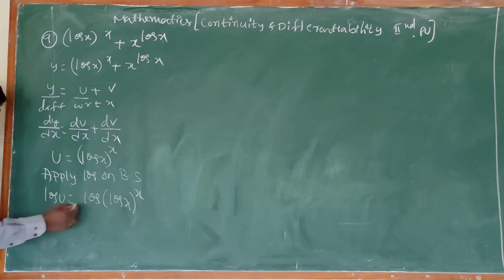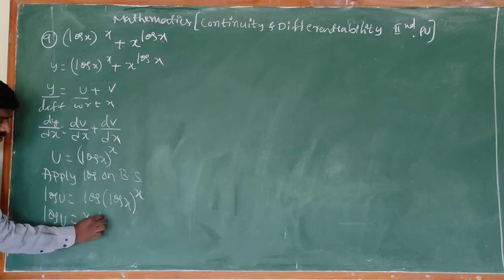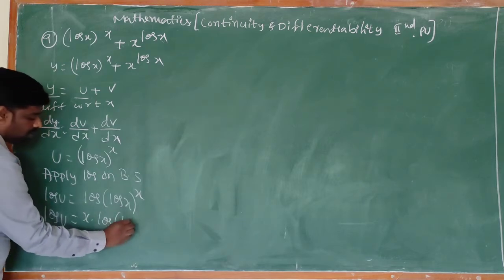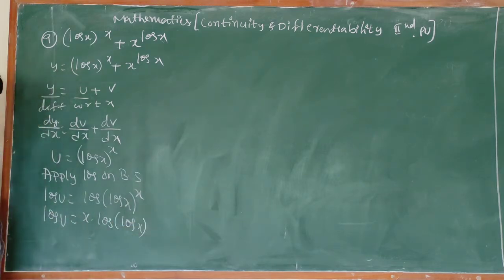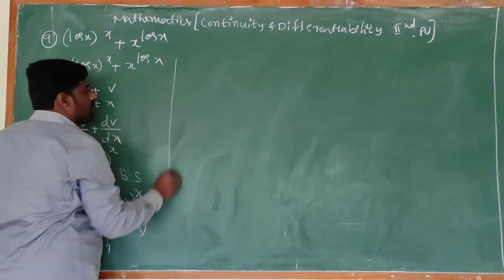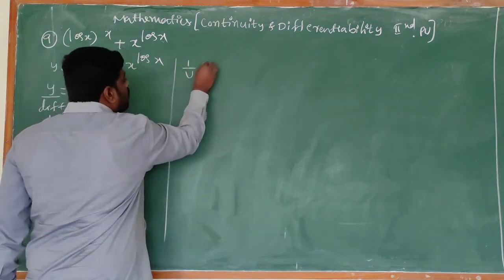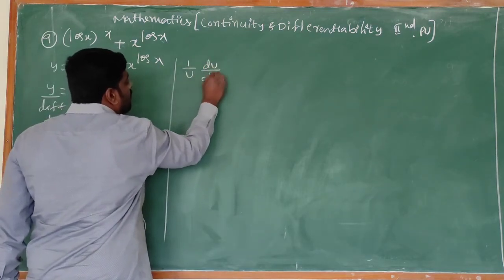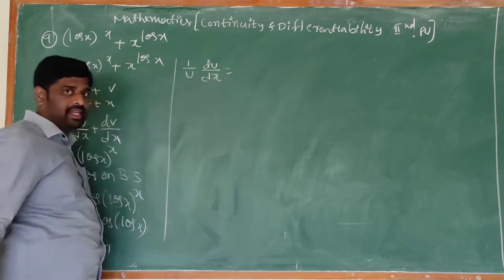So here you have to apply the property: log u is equal to x into log of log x. Now differentiate with respect to x. Log u differentiation is 1 by u, u differentiation is du by dx.